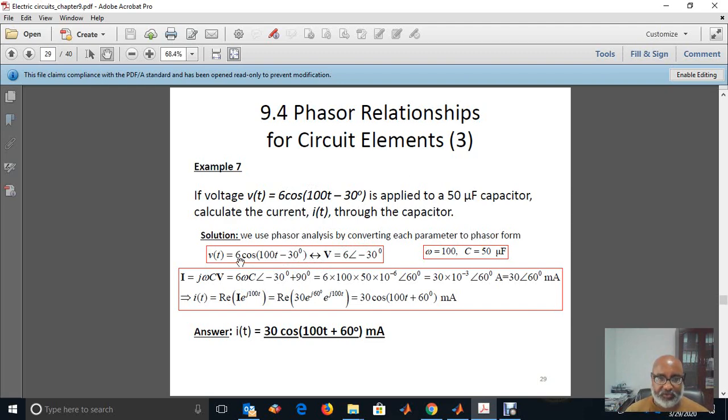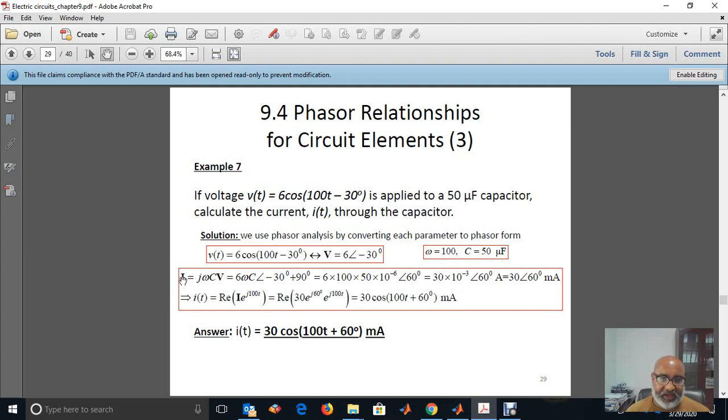The source voltage is 6 cosine (100t minus 30 degrees), which means V is equal to 6 at an angle of minus 30 degrees. What is omega? Omega is 100, because the general form is cos of (omega t plus phi), where phi is the phase. So omega is 100, and capacitance is 50 microfarad.